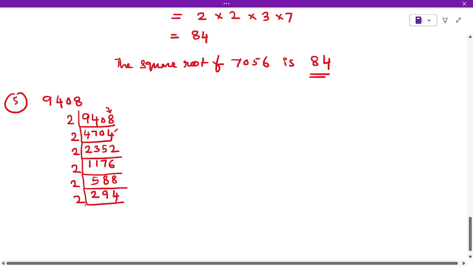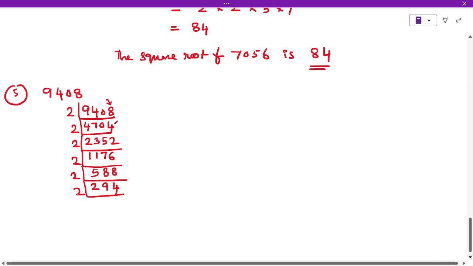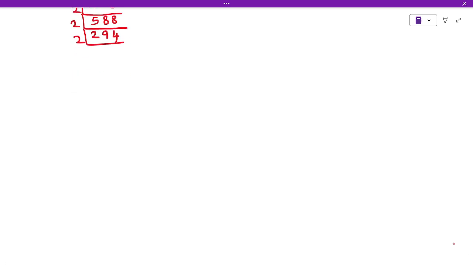So you should be very good at division actually. When you practice division of numbers and know the division rules, it would be easy for you to write the prime factors. Now I am getting the practice, so I know that this number is immediately divisible by 3.